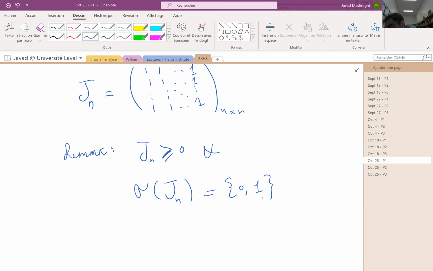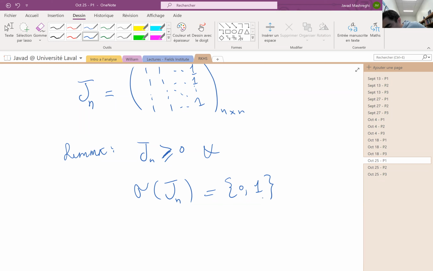The eigenvalue at 1 has multiplicity, let me read here. Gn, every other eigenvalue of Gn is 0. Okay, it's not mentioned in the lemma, but the multiplicity of 1 is 1, and the multiplicity of 0 is n minus 1.